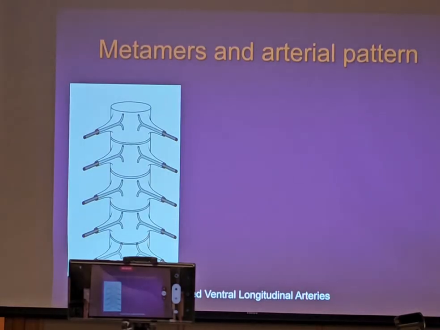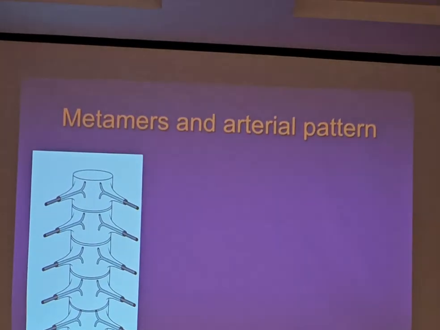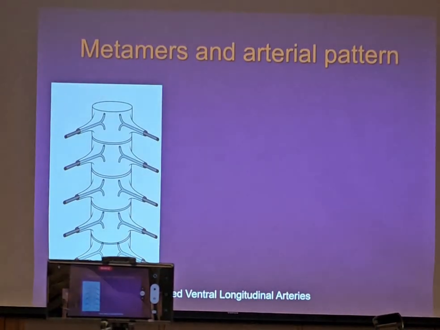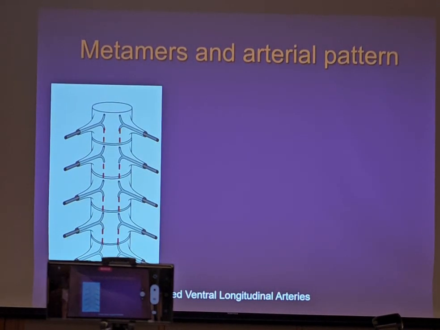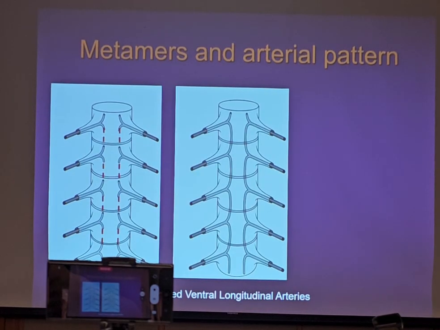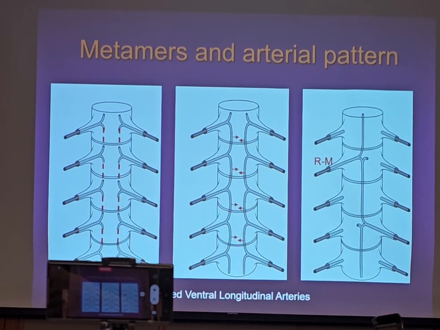The next concept is the metameres and arterial pattern. As you know, each segment of our body has right and left arterial supply. So usually there is a possibility of having vertical anastomosis between each level, and then this anastomosis will fuse at the midline, and when it fuses, some regress and some persist in the spinal level.